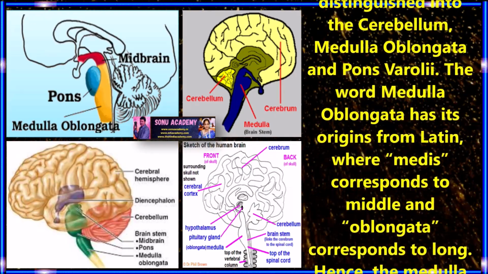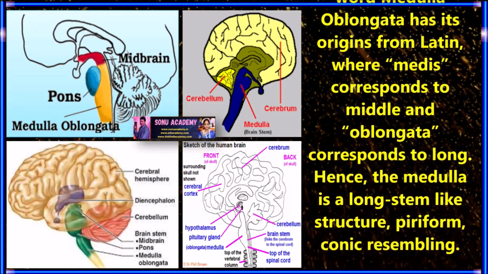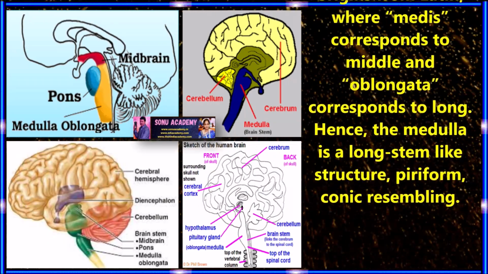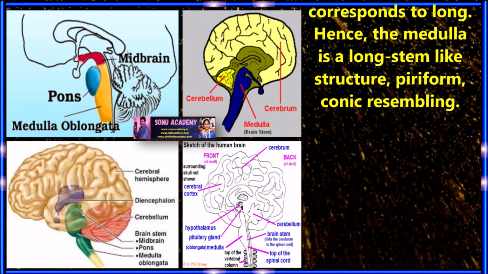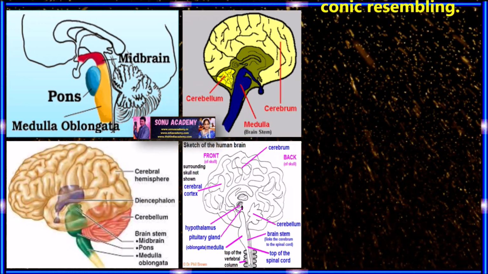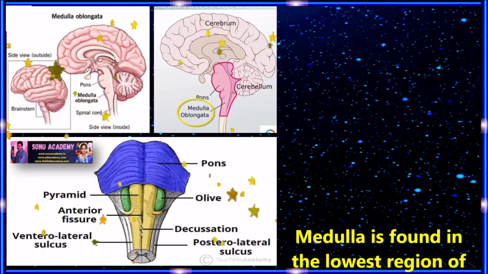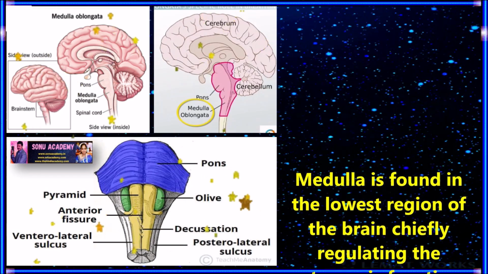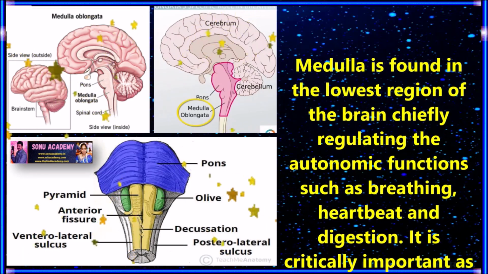The word medulla oblongata has its origin from Latin, where medulla corresponds to middle and oblongata corresponds to long. Hence the medulla is a long stem-like structure, piriform or conic in resemblance. Medulla is found in the lowest region of the brain, chiefly regulating the autonomic functions such as breathing, heartbeat, and digestion.